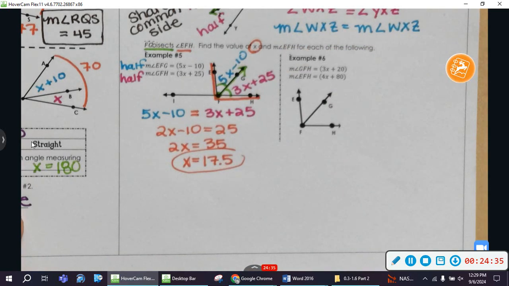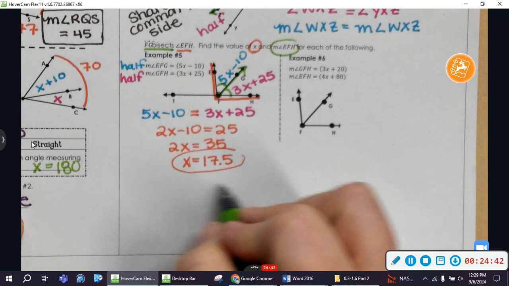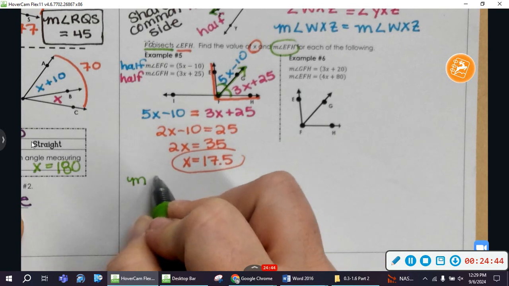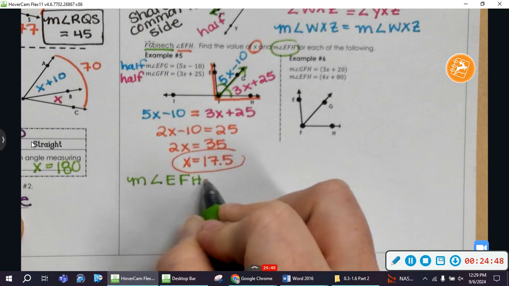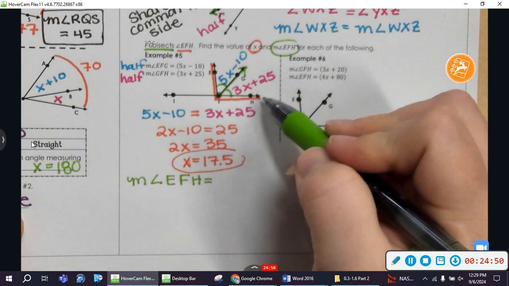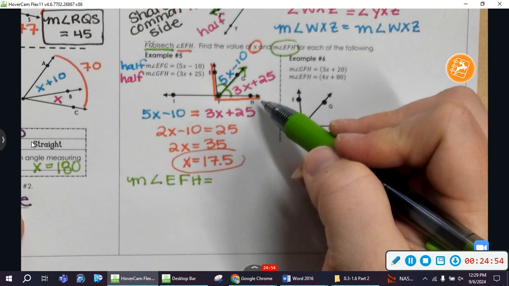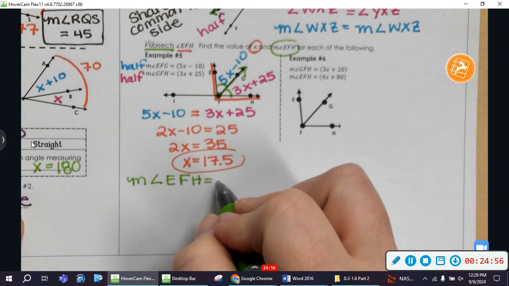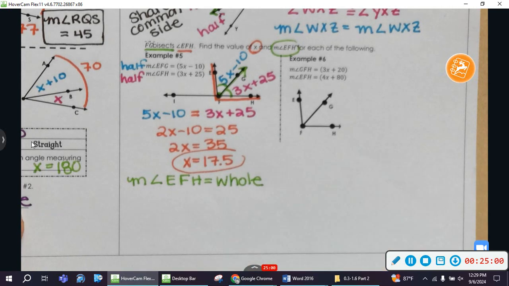Part 2 is what is the measure of angle EFH. Well, if I follow EFH in words, is that part, half, or whole? Well, that is the biggest angle. That is your whole angle.